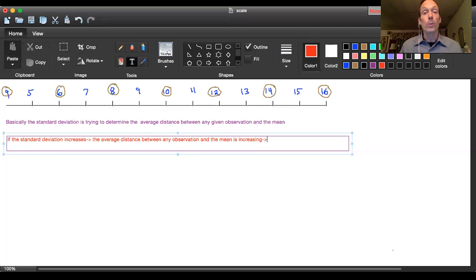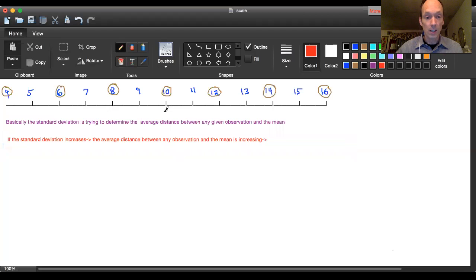In the last video, we were talking about how the standard deviation can measure dispersion, and this is saying if we look at our data set and find the mean, which is a 10, all the values would be starting to pull away further from the mean. So if we found out the standard deviation was increasing, it means the data set values, the observations, are getting further and further spread apart.